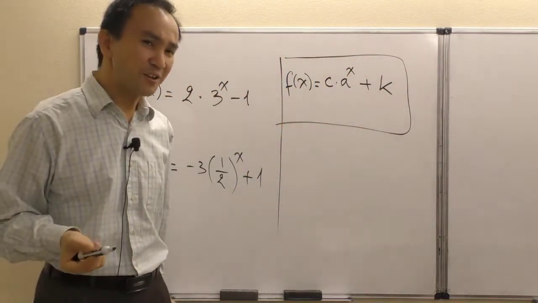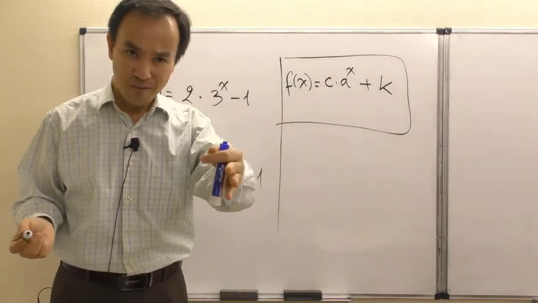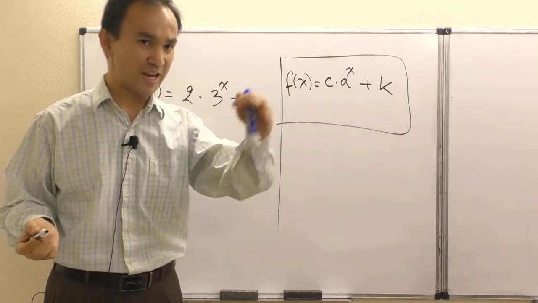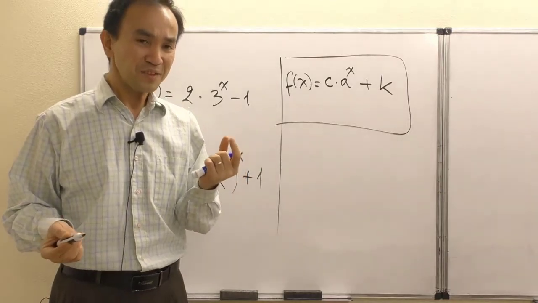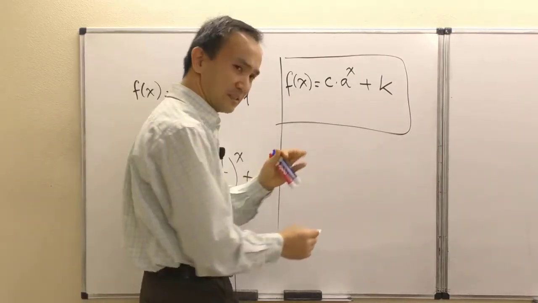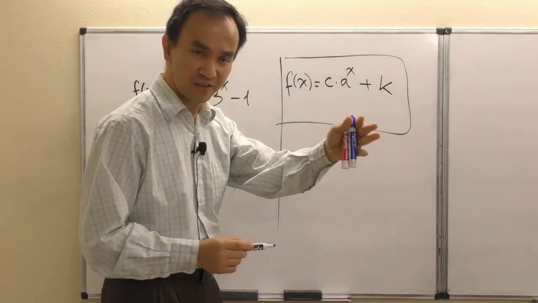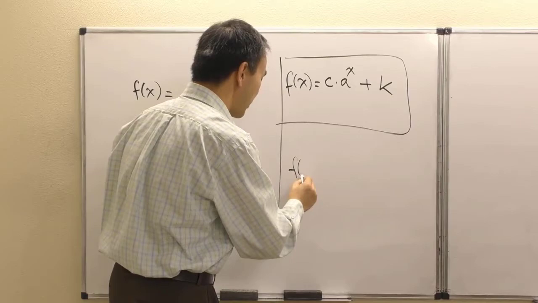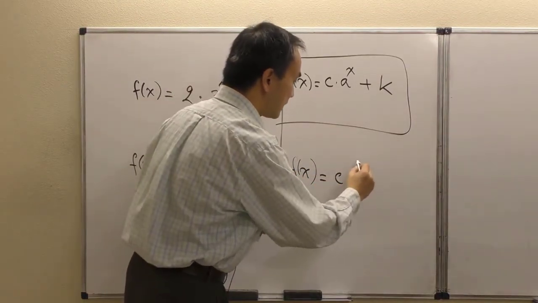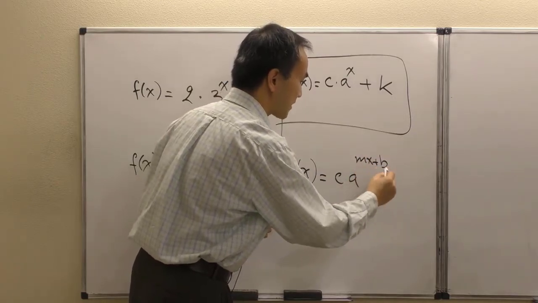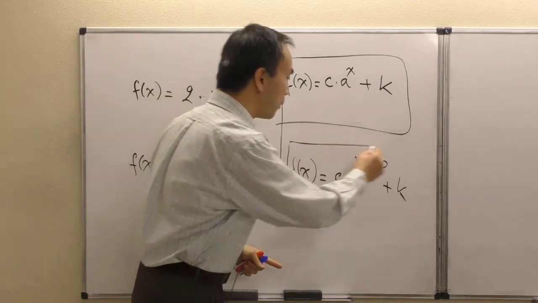But before I get a little further, you may start wondering, wait a minute, I thought, and you may already have this thought with me as well, that at the end of that introduction lecture where I introduced any exponential function, I mentioned that more generally, according to the extended definition of an exponential function, any function in the form of a c coefficient times a to the mx plus b plus k, any one of these is even a more general form.